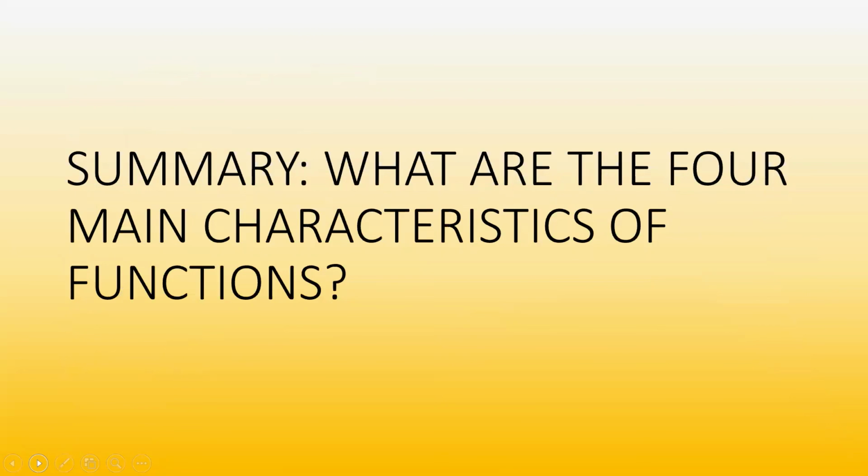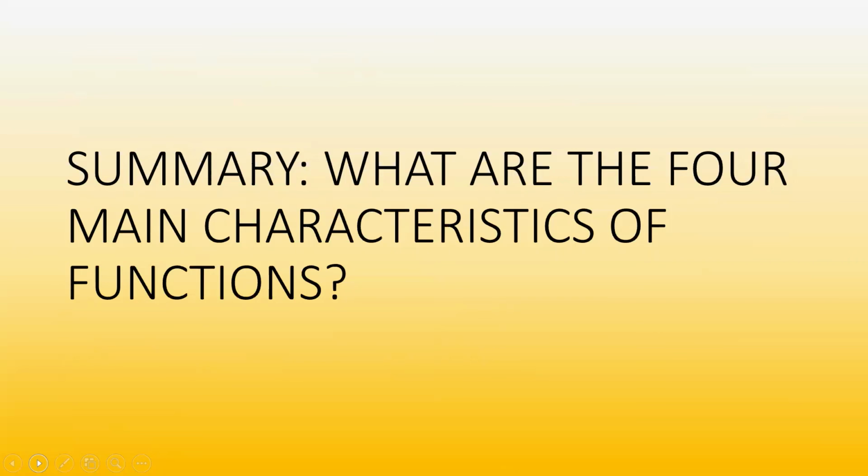Now, what are the four main characteristics of functions? This is extremely important. The first one is that the function may or may not have a return data type. It may or may not return a value. If it returns a value, it can return only one value of a specified data type.